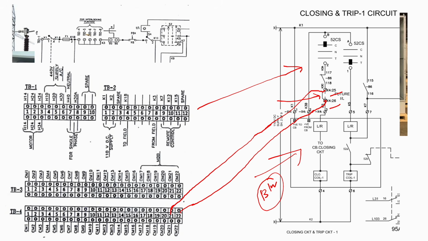So what will happen, if my isolator is closed, this circuit will remain NC, then this path will be closed, and this path will allow us to switch on the breaker. But suppose my isolator is open, this contact will remain open and this circuit will not be able to remain closed, and we are not able to create a closed path here, and my circuit breaker will not be able to close.